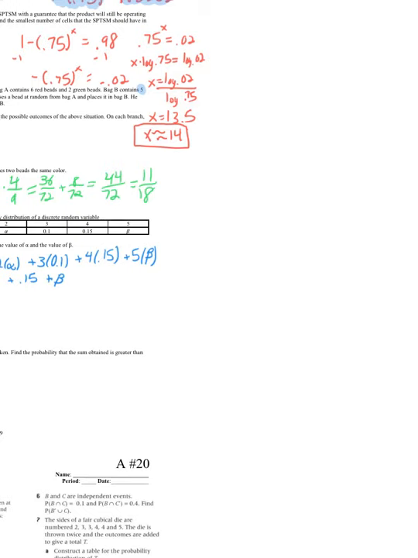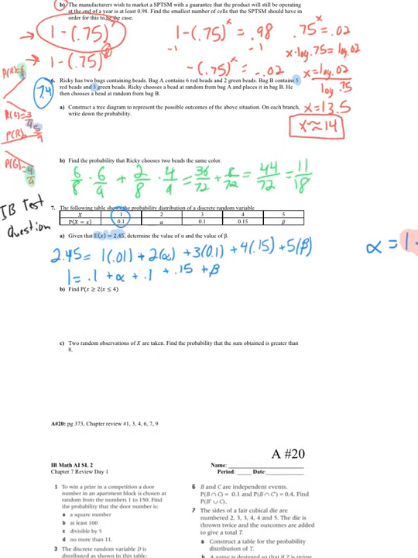What I can do is get alpha by itself on one side and say 1 minus 0.1 minus 0.1 minus 0.15 minus beta. And that's what alpha equals. So now I can take this entire thing and plug it in for alpha, and simplify it, and plug it in over here.